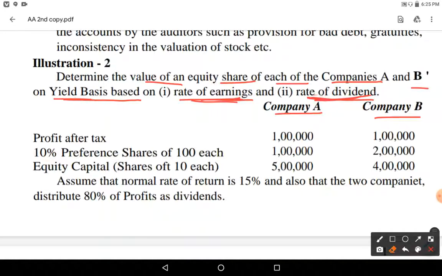Let us see the information. Profit after tax is 1 lakh and 1 lakh for both the companies. 10% preference shares of rupees 100: that is 1 lakh for company A and 2 lakhs for company B. Equity shares of 10 each: 5 lakhs and 4 lakhs, so there is a difference in capital.